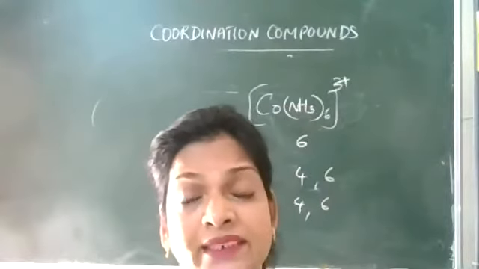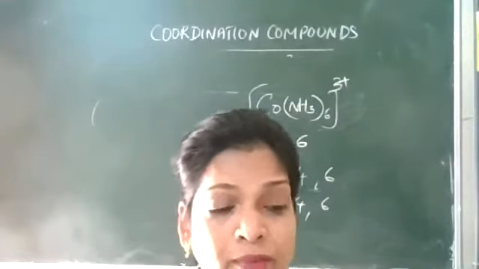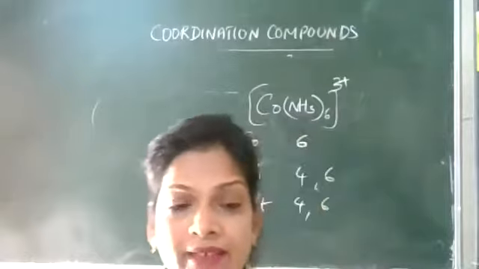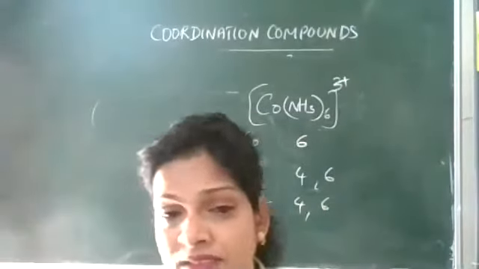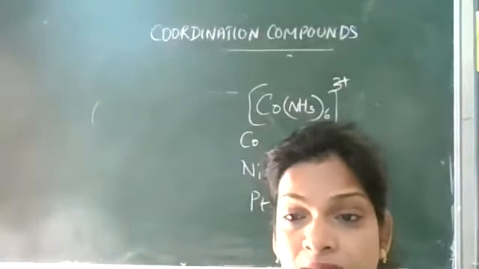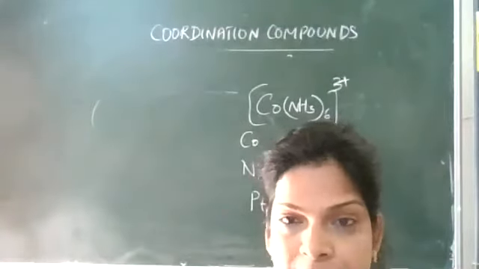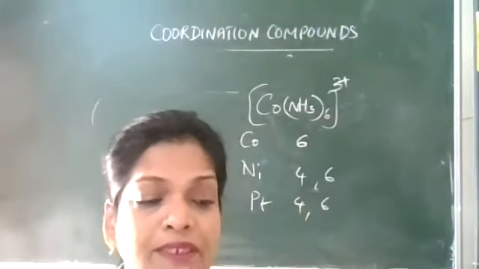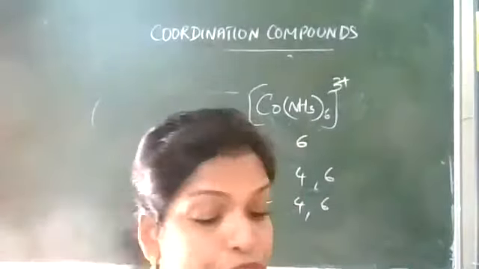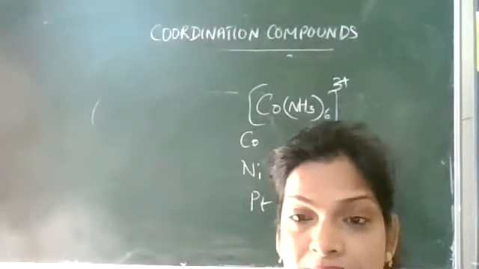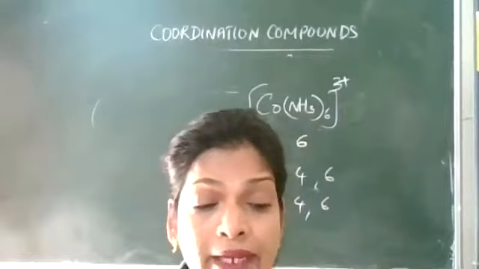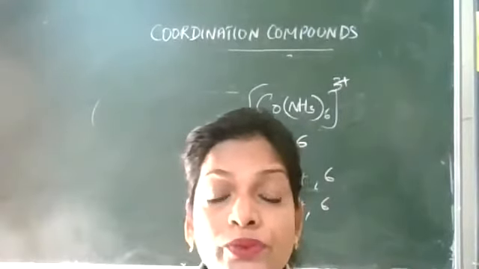Then let's see what is written in the square bracket. That is called the coordination entity. Coordination entity is having a shape. I told you central metal atom. What is the central metal atom here? That is Co. Now ligands. What are ligands? Ions or molecules bound to the central metal atom.